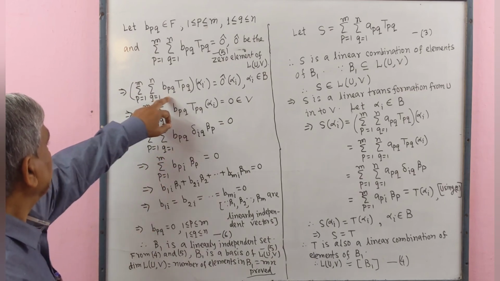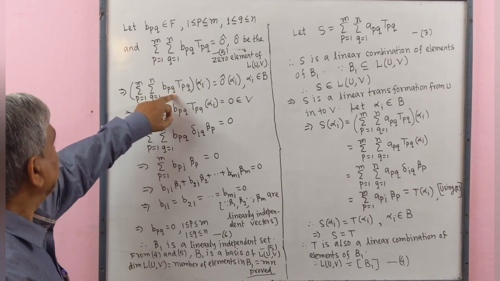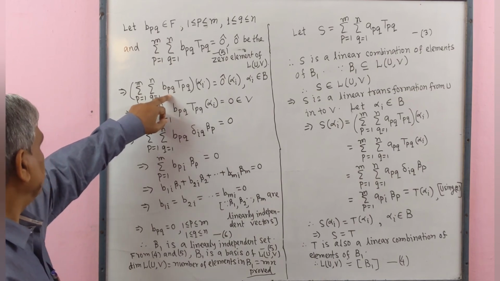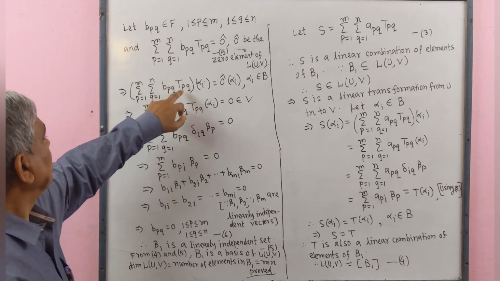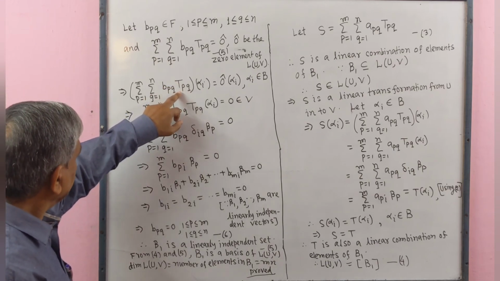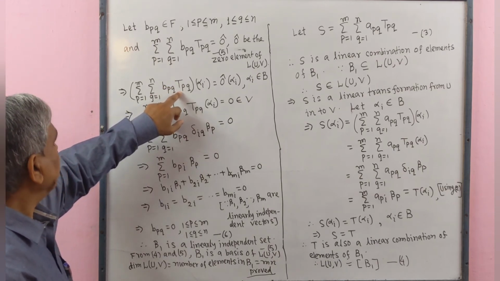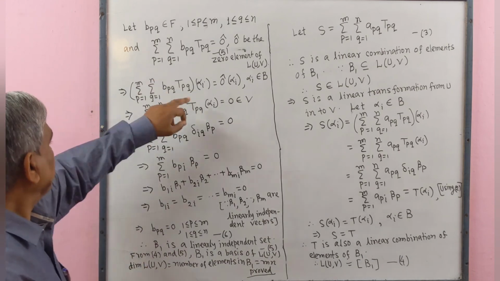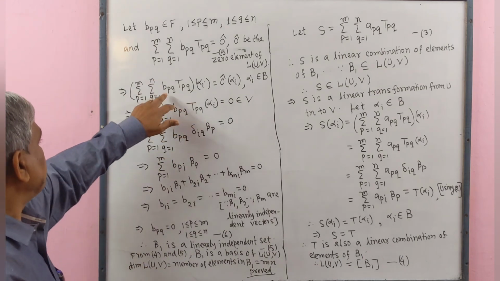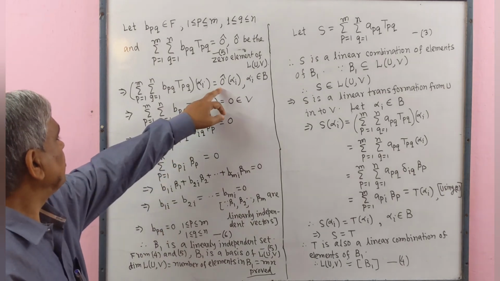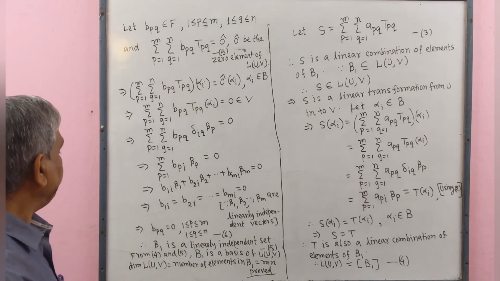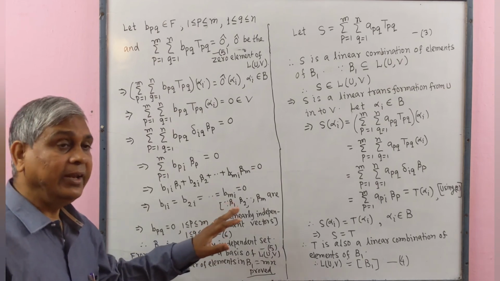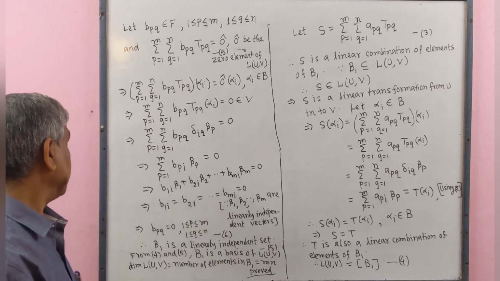Here BPQ equal to 0 means that the linear combination of the elements of B1 gives each coefficient 0 if it equals the zero linear transformation. Therefore, B1 is a linearly independent set.